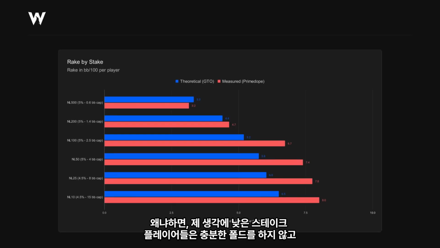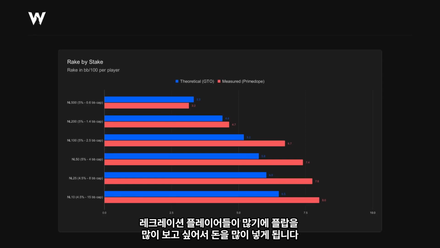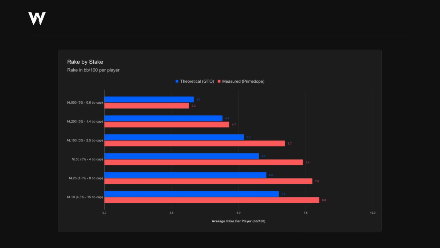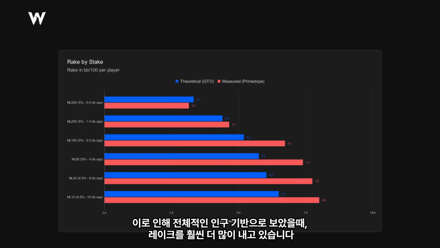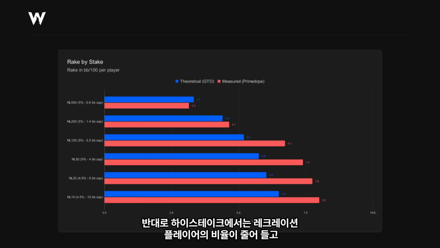And I think the reason for this is that at lower stakes, players are not folding enough. And just in general, there's going to be more recreational players that are putting in too much money, seeing too many flops, and just pumping up the total amount of rake paid by the overall population. Whereas at the higher stakes, there are fewer recreational players, players are a bit stronger, and therefore the theoretical and actual rake get much closer.